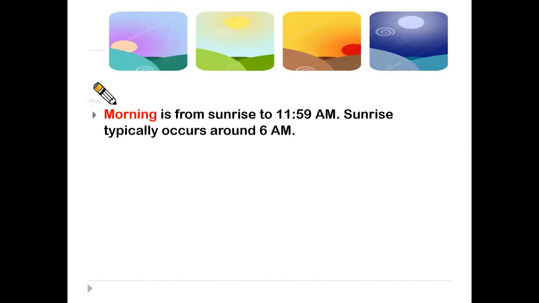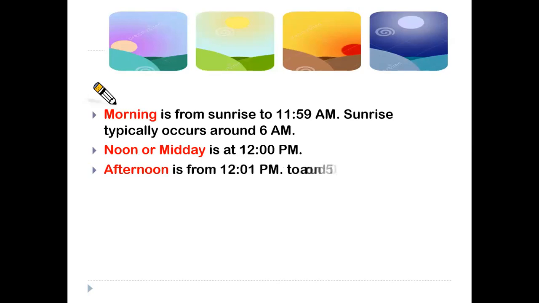And typically the sunrise, when the sun comes up, occurs around 6 a.m. Then we have noon, or the middle of the day, and it is at 12 p.m. Afternoon is from 12:01 p.m. to around 5 p.m.